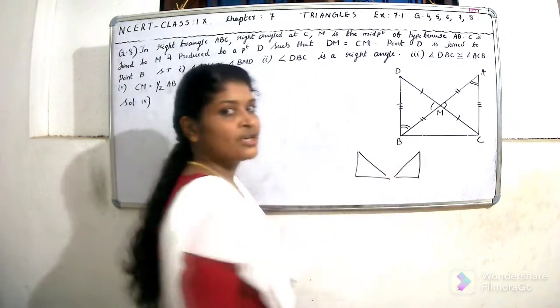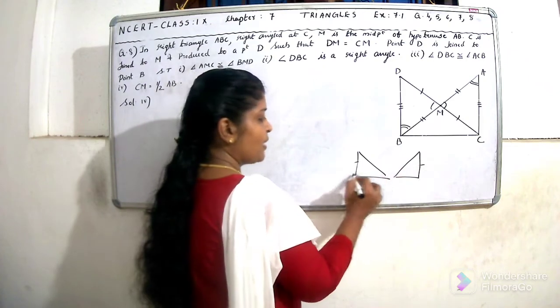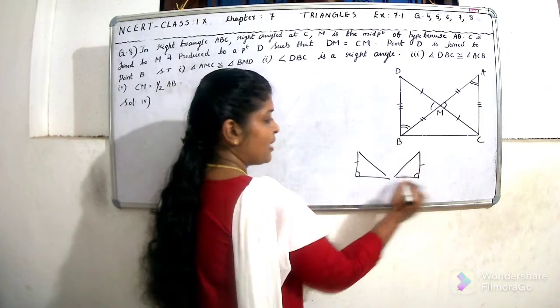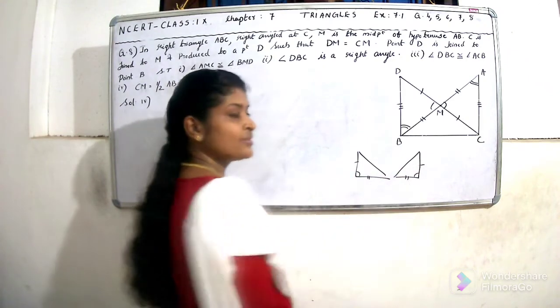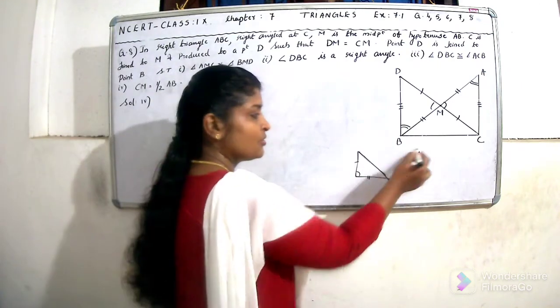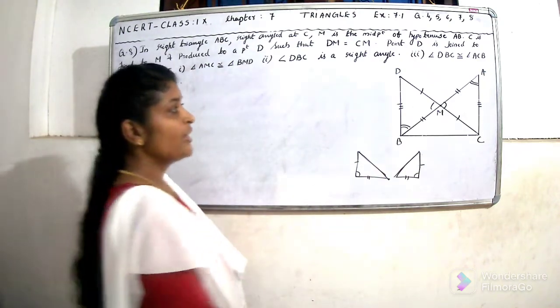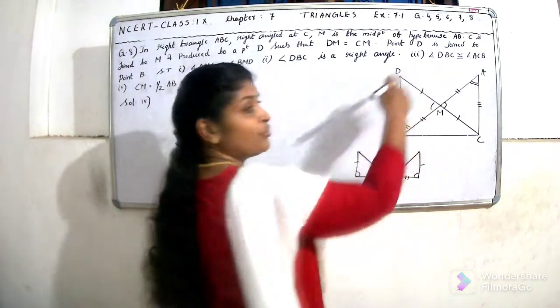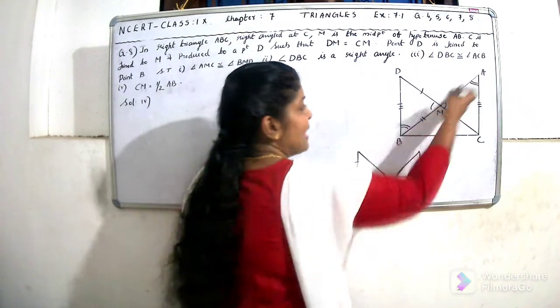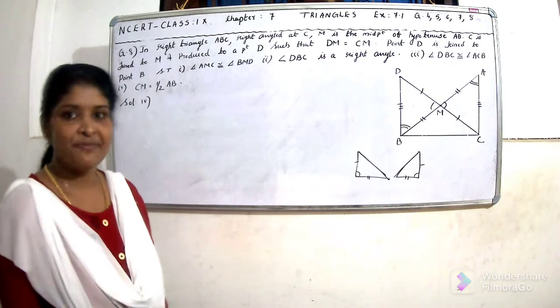These two triangles are congruent, and we used SAS. That criteria we used, and these two sides we did not use. Those are also equal by CPCT. That means from this what we understood. That means AB and DC, they are equal by CPCT.